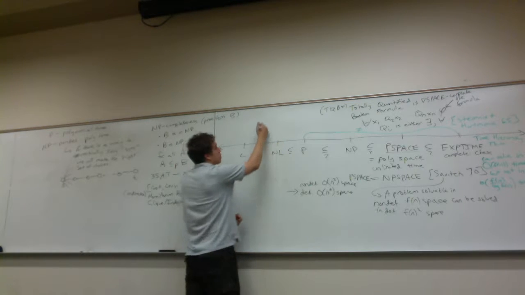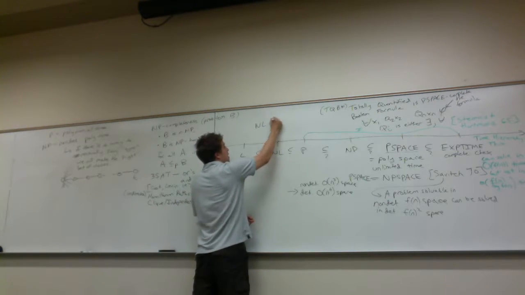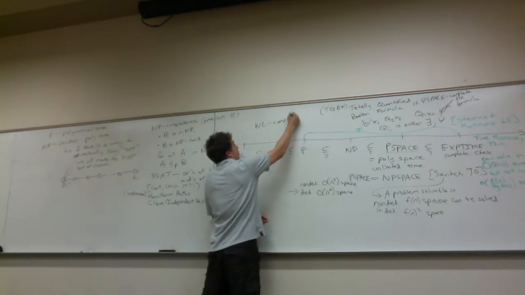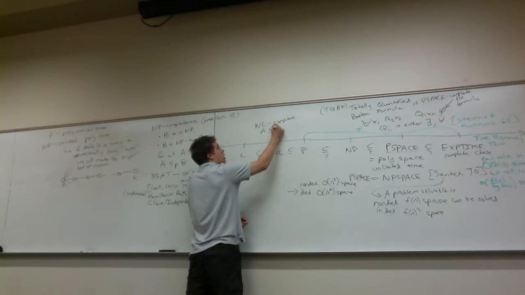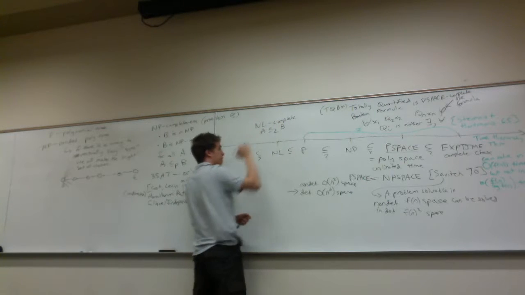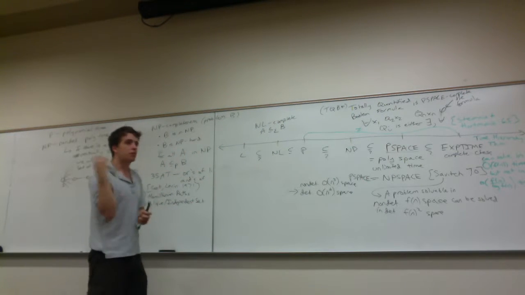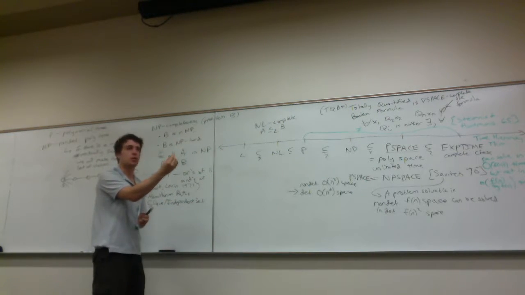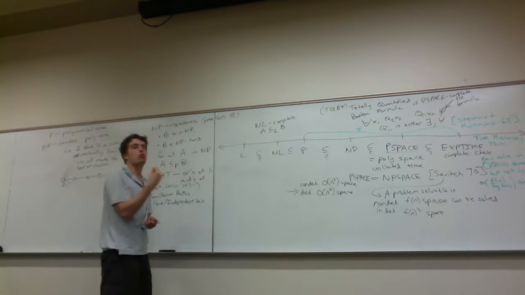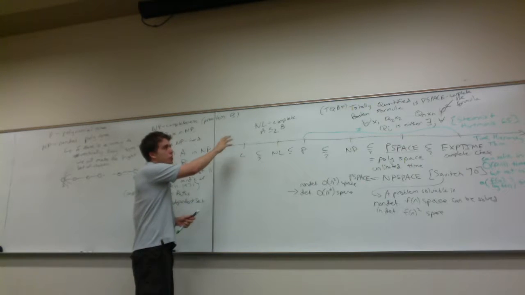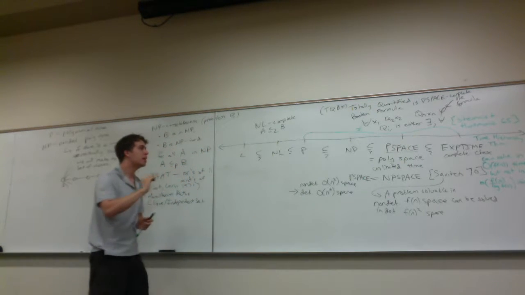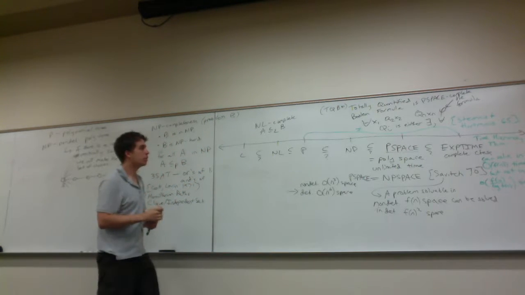It's defined the same way as before, but for NL complete, we have A logarithmic space reduces to B. So instead of granting you polynomial time, I'm granting you logarithmic space in terms of the size of the input.